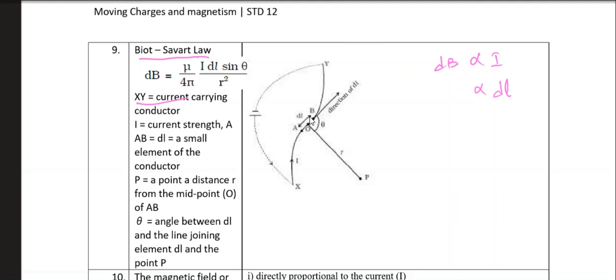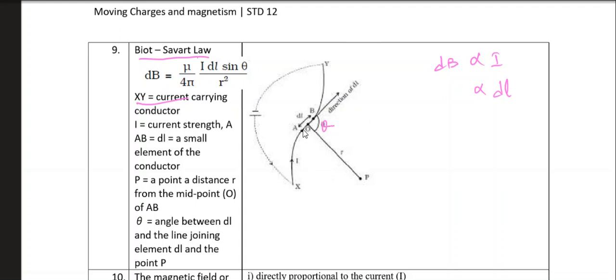Assume there is an angle between the smallest dl and the line joining the element dl and the point P. This is the current element, and this is the element dl and the point P. Therefore, the angle between the smallest dl and that line is known as theta. Do you understand this? This is theta.